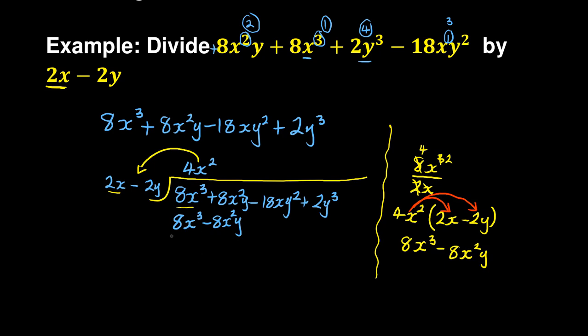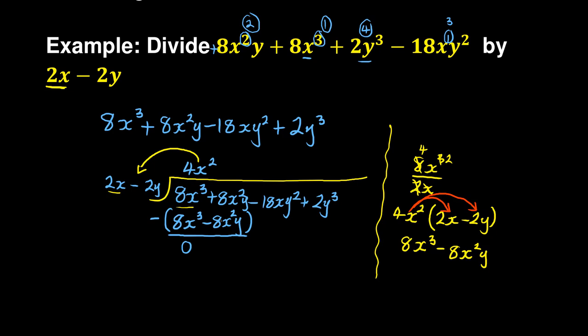And then what do you do next? You rule off, put brackets, and subtract. So when you are subtracting, you are saying 8x cubed minus 8x cubed is 0, and you are saying 8x squared y minus minus.